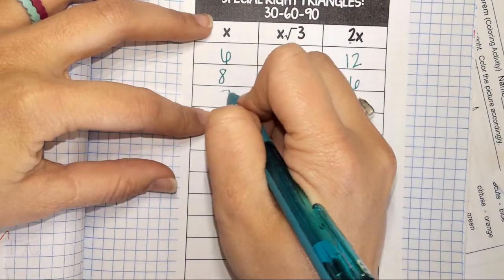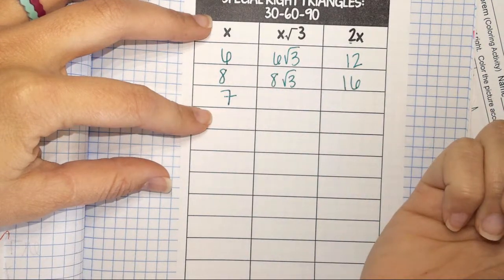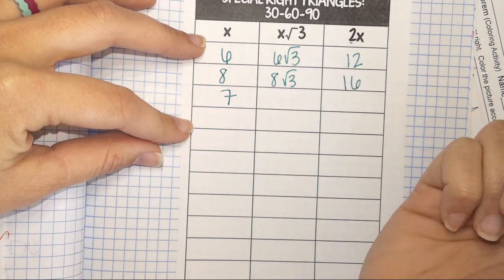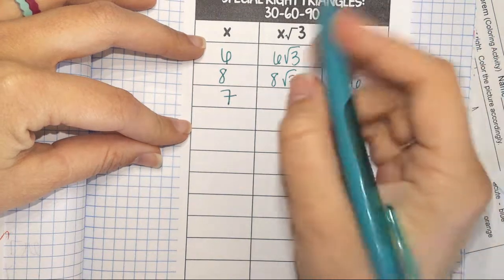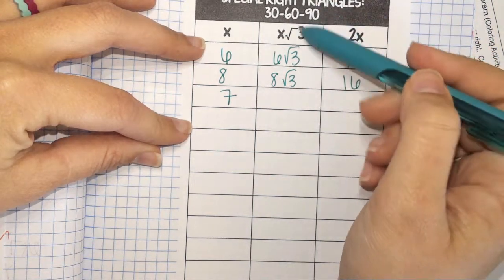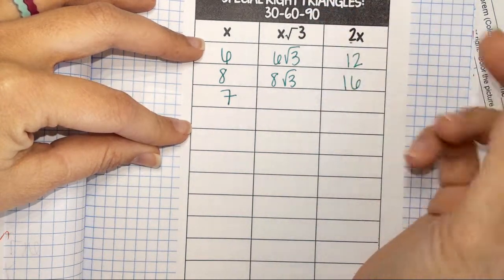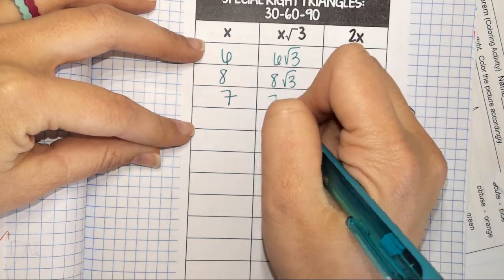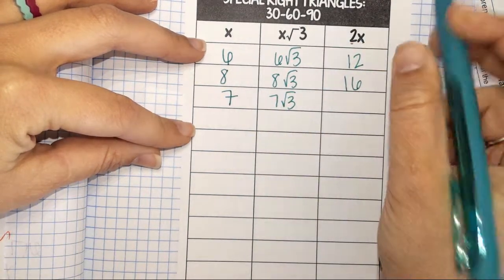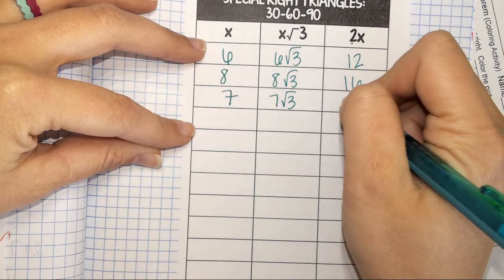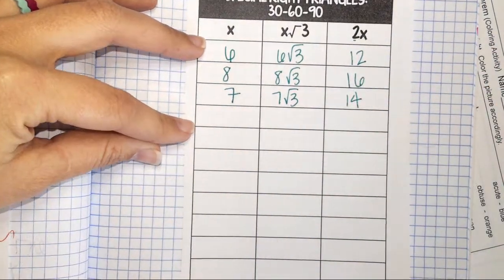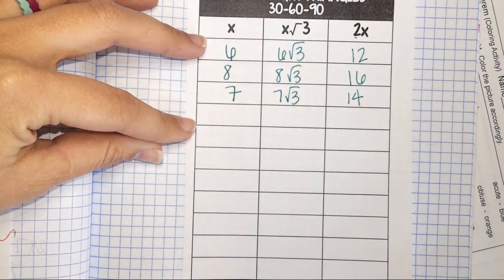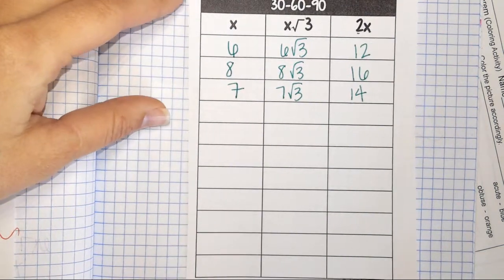Alright, if I have 7, I don't know why I just drew a line through my 7. What would my 60-degree side be? 7 root 3. And what would my hypotenuse be? 14. Why? 7 times 2 is 14.